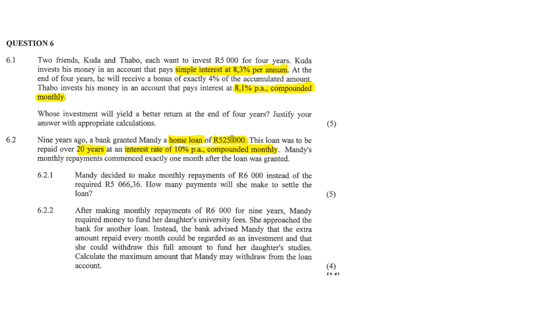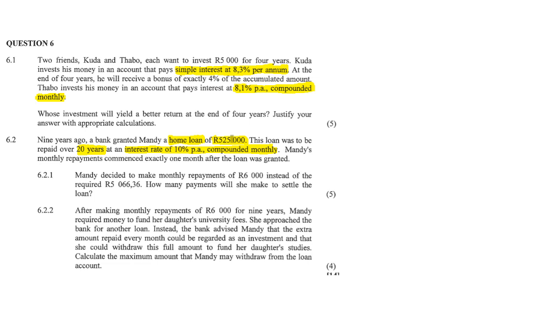You can obviously not pay less than the monthly repayments. For example, if your monthly repayments are, as stated for Mandy, 5,066 Rand, you can't pay 4,000 Rand. That's not going to work, otherwise they're going to charge you extra interest. So you always have to pay exactly that amount, or if you can, pay more.